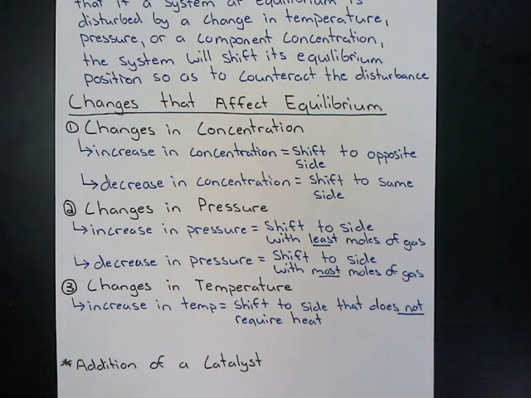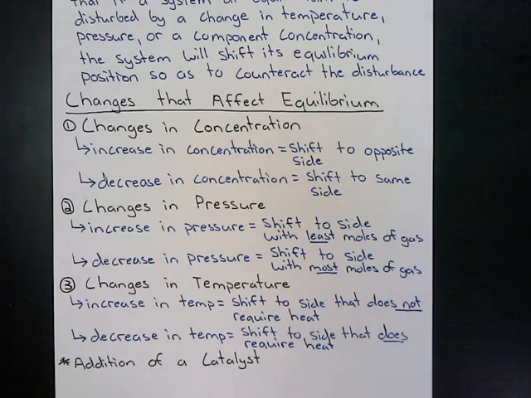Increase in temp, the equilibrium shifts to the side that does not require heat. Now, if the temperature decreases, the equilibrium is going to shift toward the side that does require heat. All right, so there is that written portion of what happens to the equilibrium when we decrease our temperature.